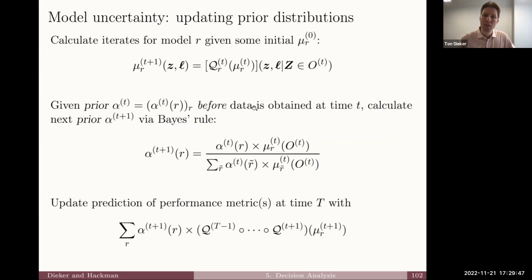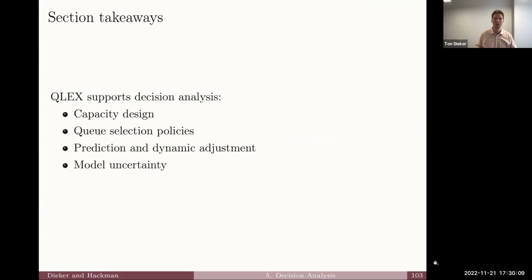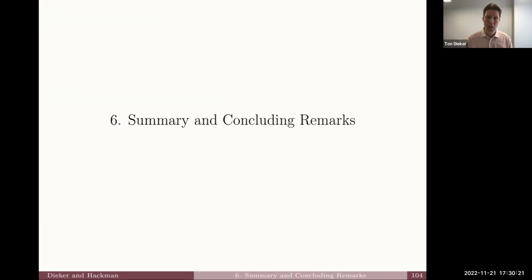For each model, we take the observations, the data that's available, and incorporate that in these iterates. We also then update the prior distribution with Bayes' rule, and we update our prediction with the new prior for the performance metric at time capital T. So the takeaway for this section is that we can use QPLEX potentially for all kinds of design analysis problems.